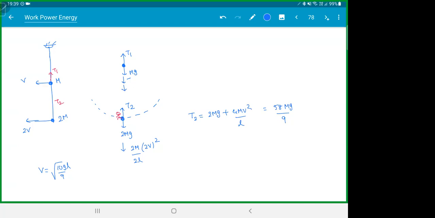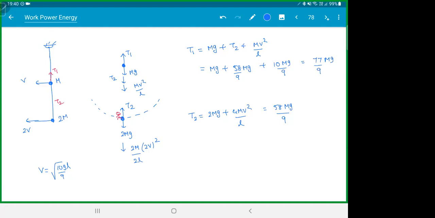There are actually three forces: T2 and mv square by L. So T1 will be mg plus T2 plus mv square by L. So that is mg, and T2 is 58 by 9, and mv square by L is again 10 mg by 9. 68 plus 9, 77 mg by 9. The numbers are not that great. Please check.